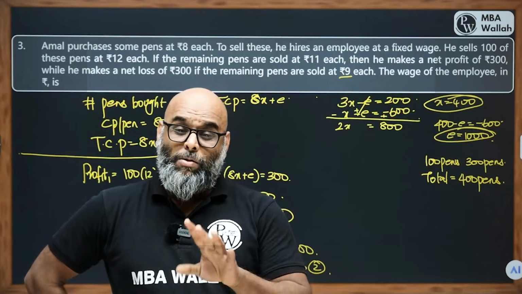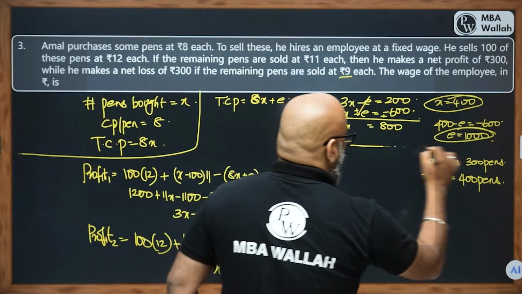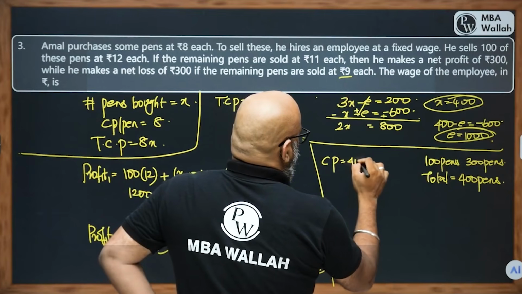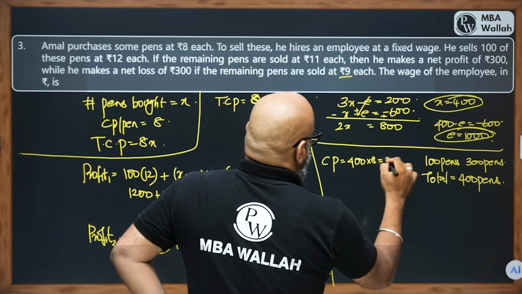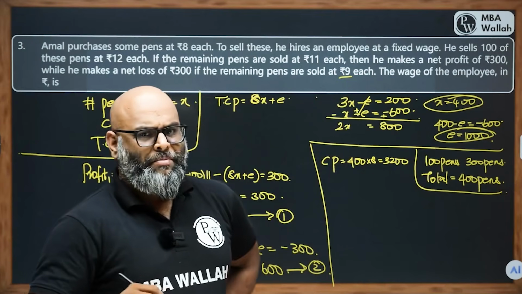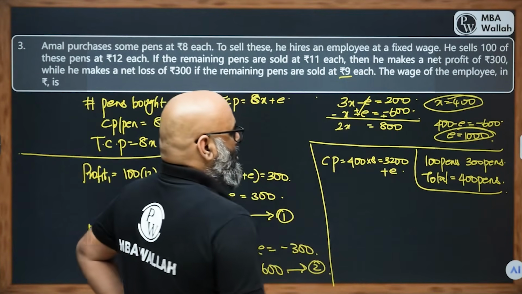And 400 pens will be bought at cost price. Now this is the logical way of looking at this. So cost price will be 400 into 8, that will be 3200. That's my cost price. But then there is also an employee cost here.